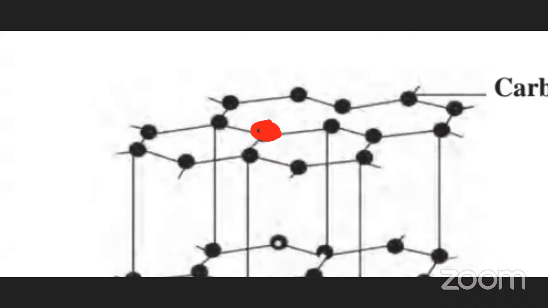See carefully and tell me. Yes, very good. Other students, try to reply. See the figure and tell me how many other carbons are directly connected with this carbon which I have shown you with the red mark.